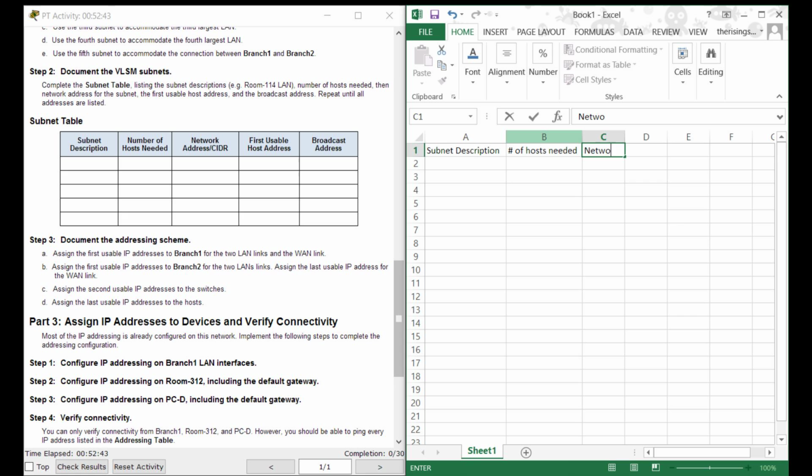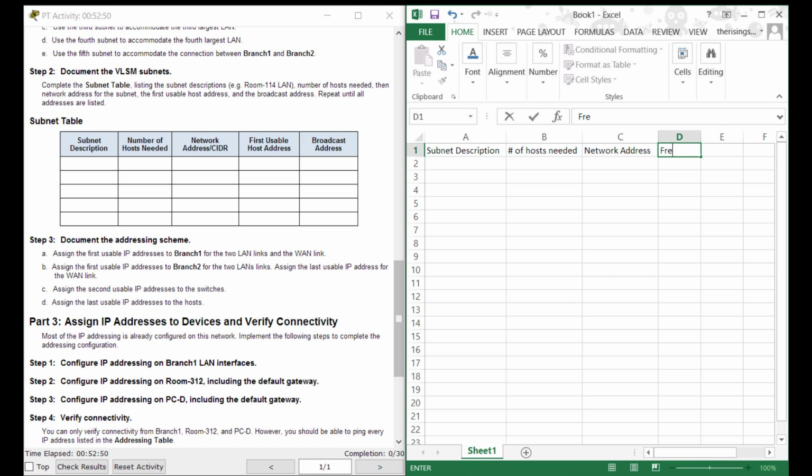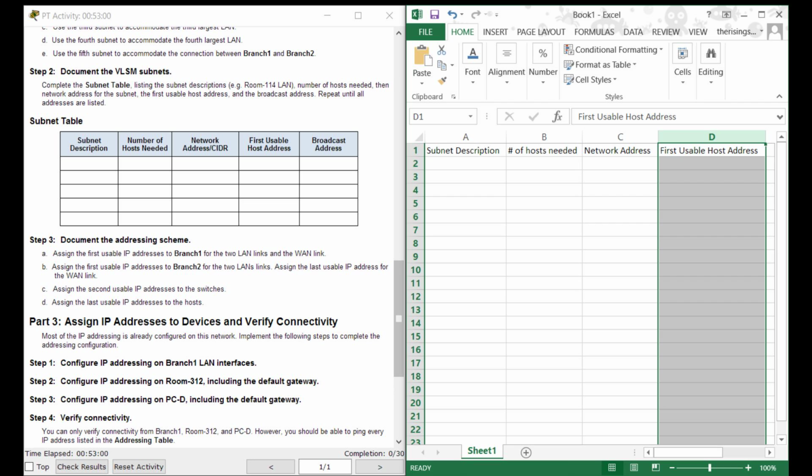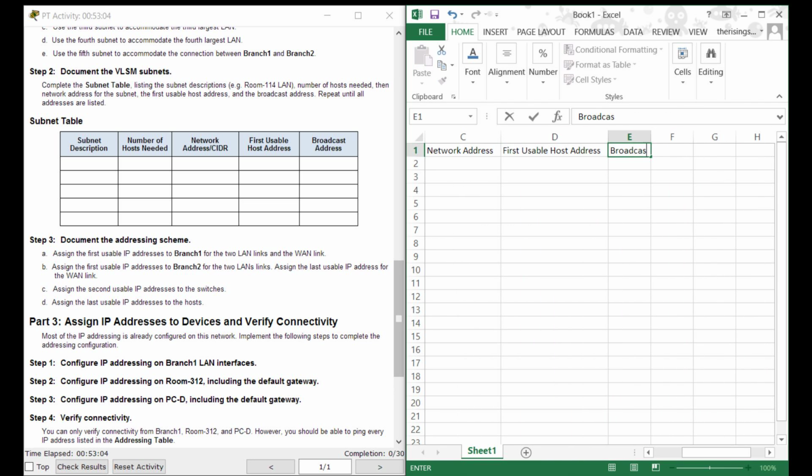Network address. First usable host address. And finally, our broadcast address.